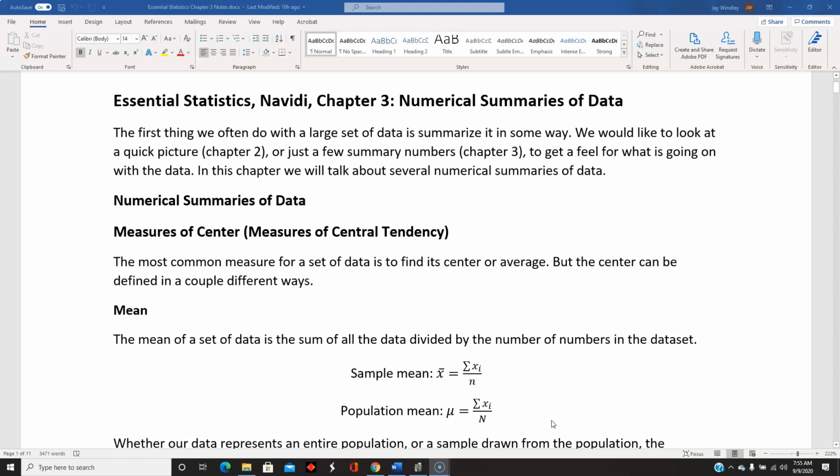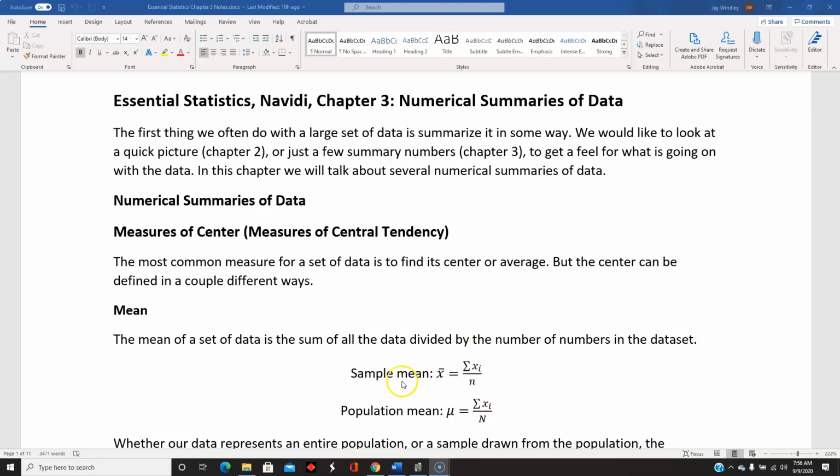And there's also different notation, whether we're talking about a sample mean or a population mean. For a sample mean, this notation is referred to as x bar. For a population mean, this notation is referred to as mu. The operation is the same either way. We're adding up all the numbers and dividing by how many numbers there are.